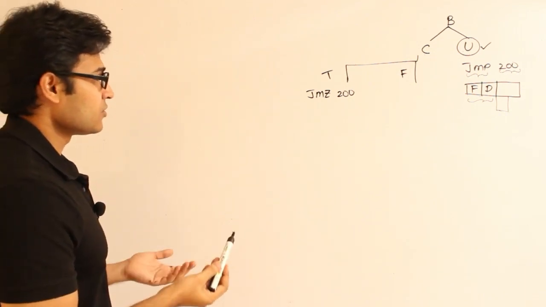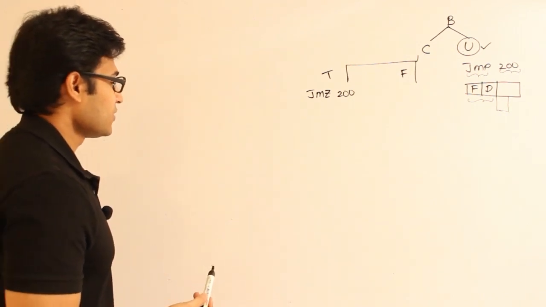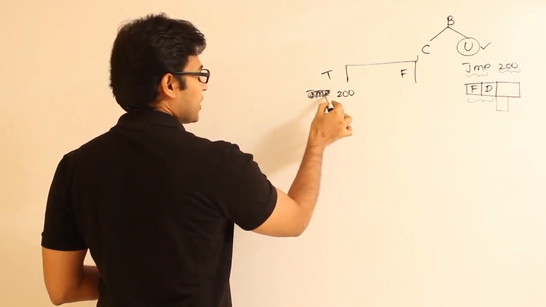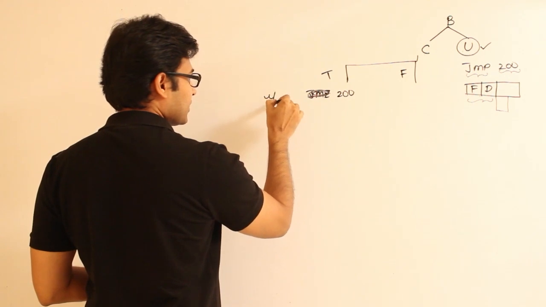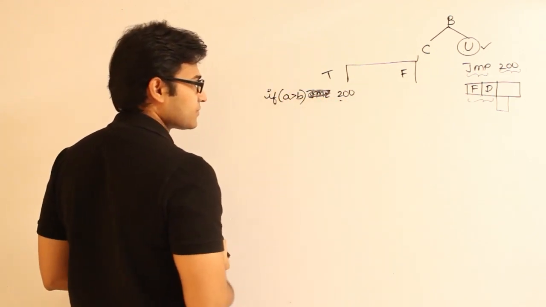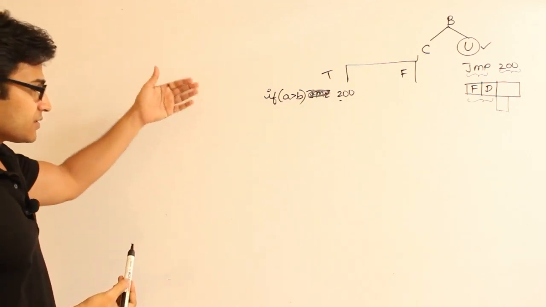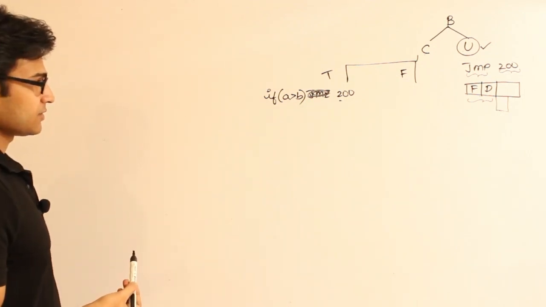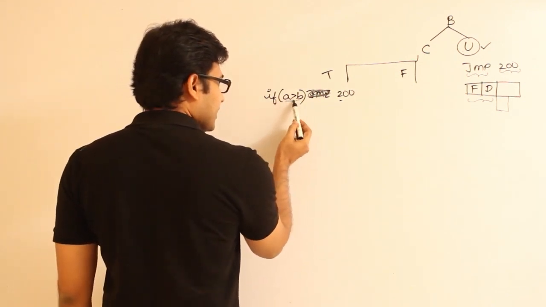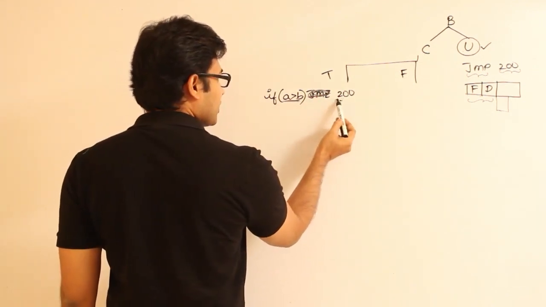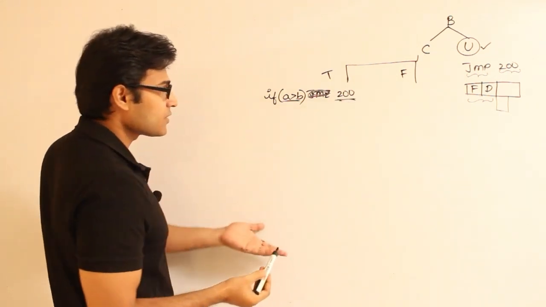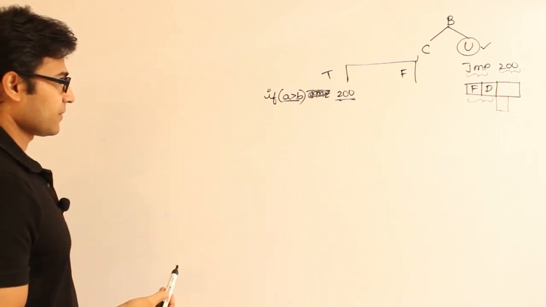If the zero flag is 0, then the condition is false, right? If you want to understand it in a C programming manner, if A is greater than B, then you go to 200, otherwise you continue with the same execution. Then unless you execute it, you don't know what the target instruction is. Either it can be 200 or the consecutive instruction in the sequence, right?